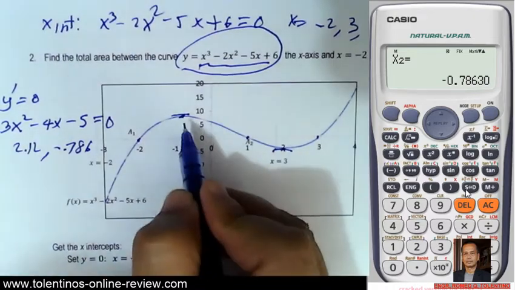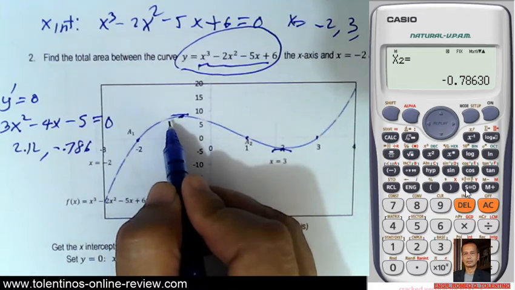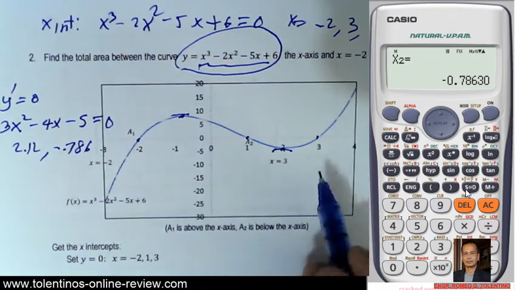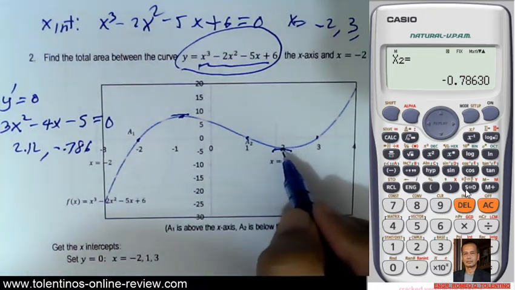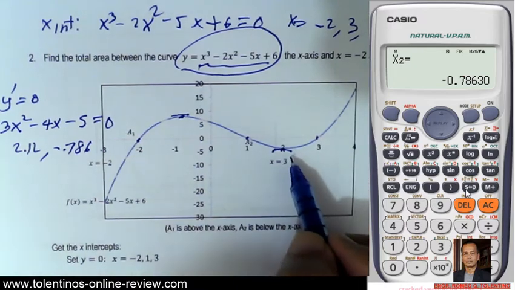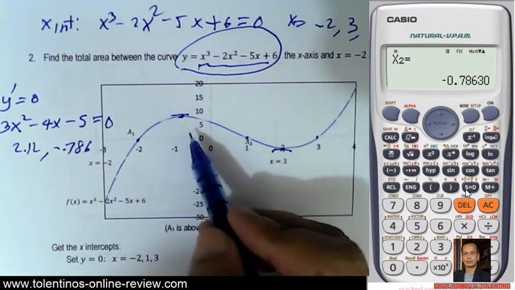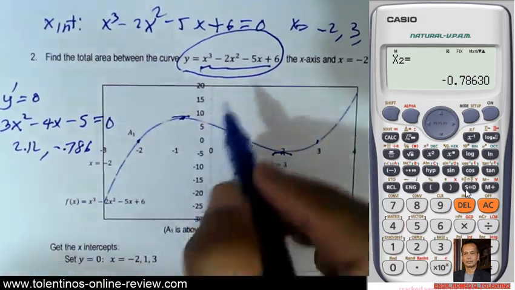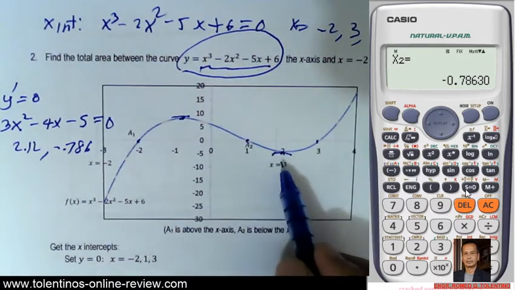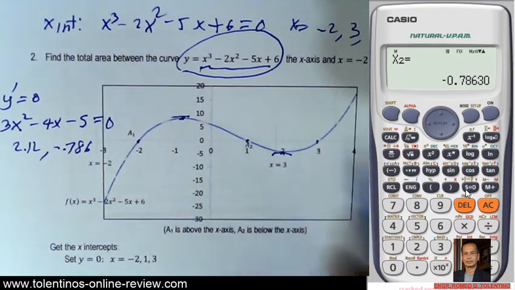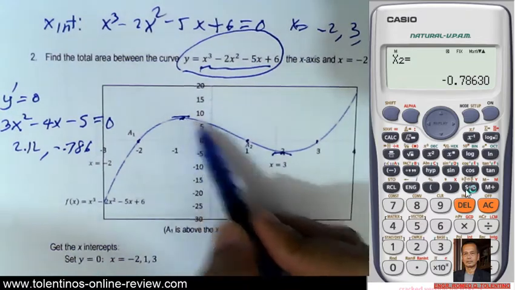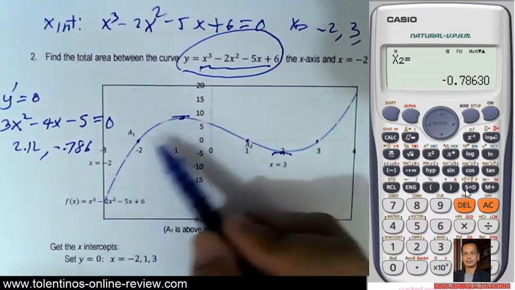So you see these are the roots. Okay, the roots are negative 0.786, and somewhere here is 2.12. How do you know if this will be shaped like this?